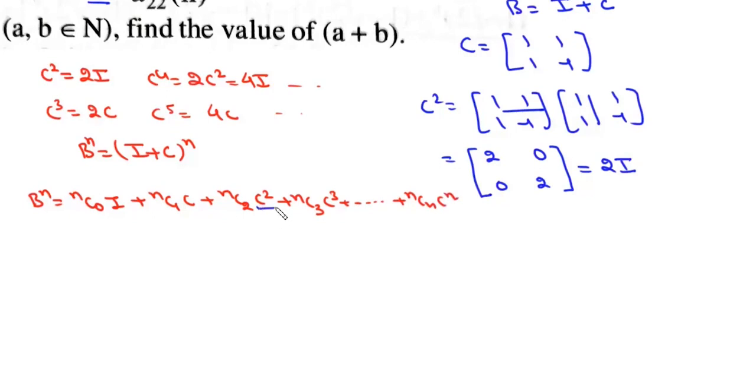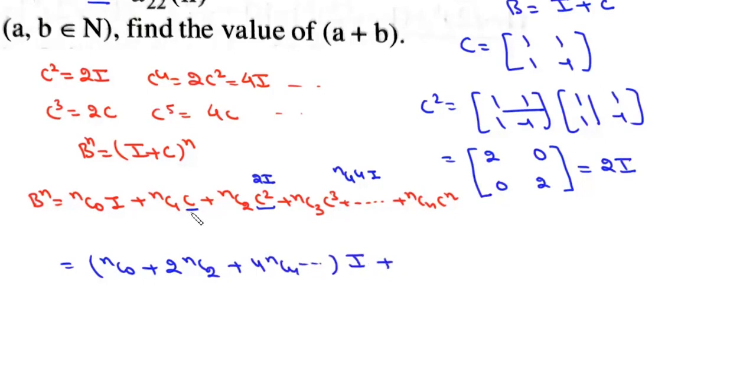Now for even powers of c, it will be simply 2I, c^4 will be 4I. So we can write this as nC0 plus 2 into nC2 plus 4 into nC4, into I, and then plus, now this is c.